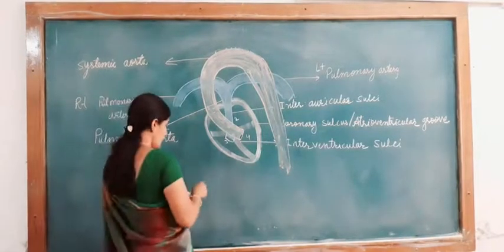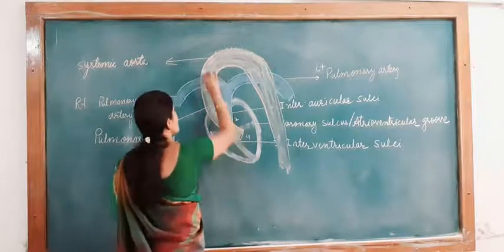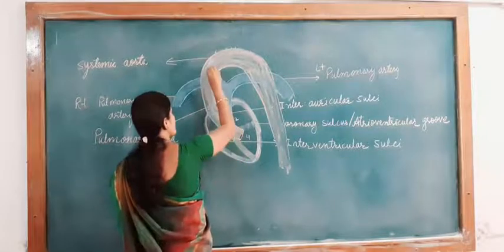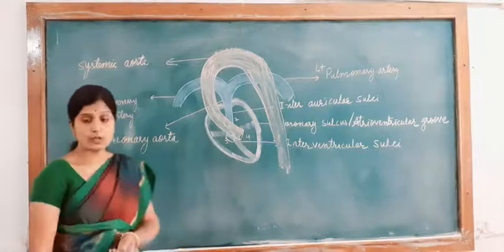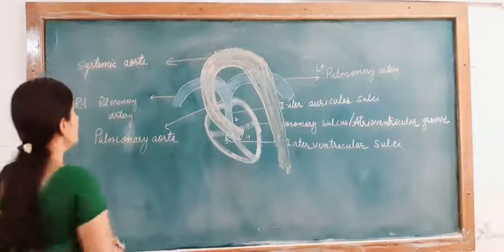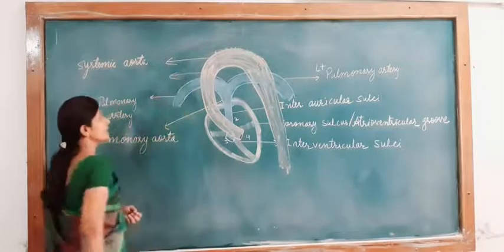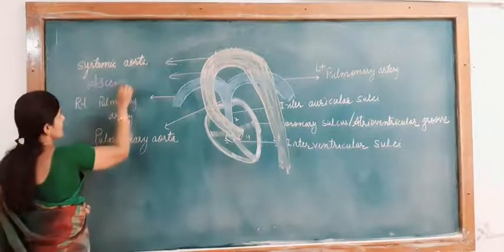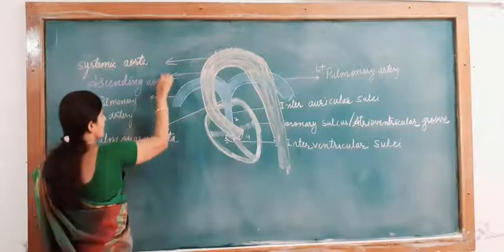From here to here, the blood is going upward, towards the upper side. So this is called the ascending aorta.